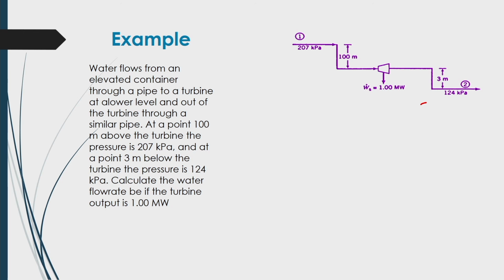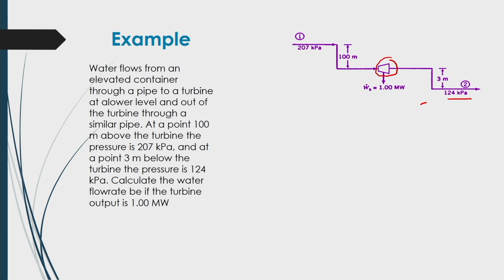At a point 100 meter above the turbine, the pressure is 207 kilopascal, and at a point 3 meter below the turbine, the pressure is 124 kilopascal. In this case you have to calculate the water flow rate if the turbine output is 1 megawatt.